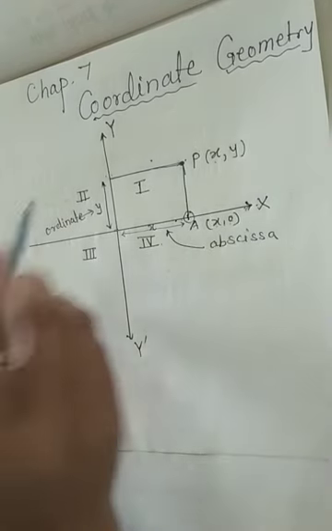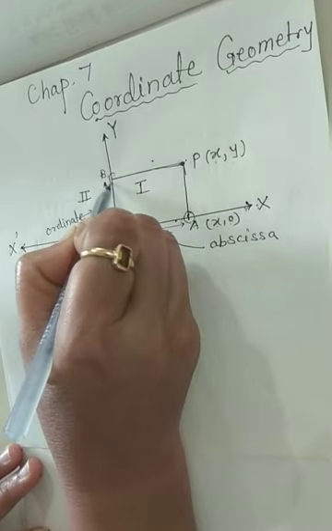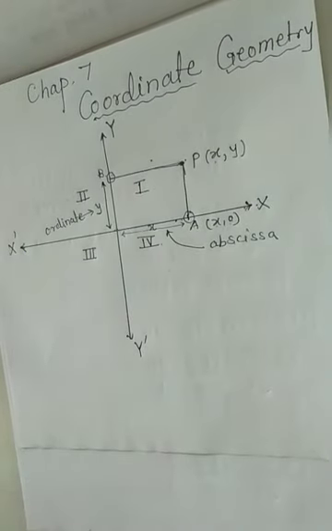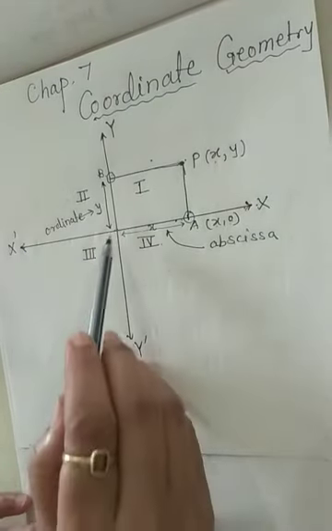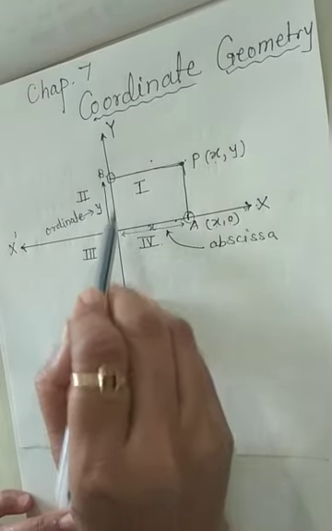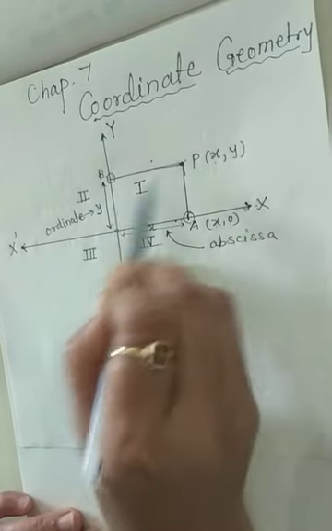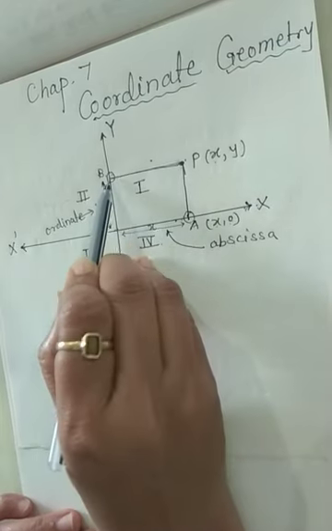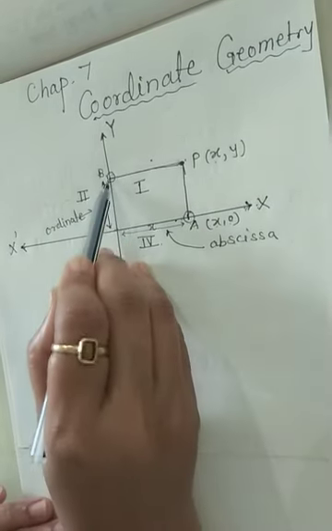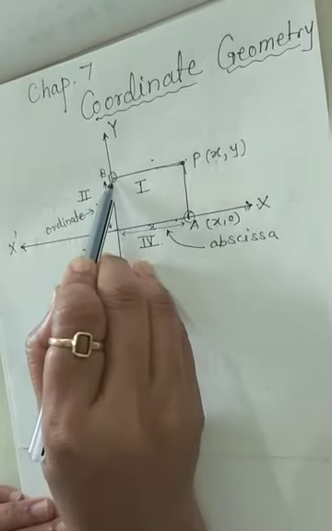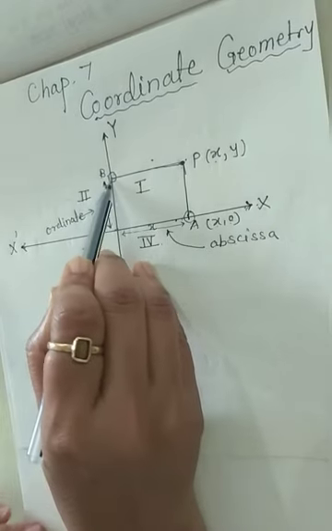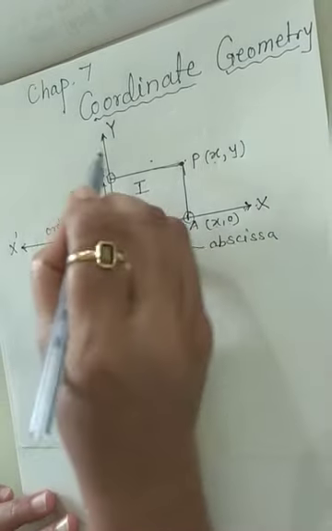Similarly, if the point is lying on the y-axis, then its distance from the y-axis is 0, and its perpendicular distance from the x-axis is y here, because it is measured along the y-axis.